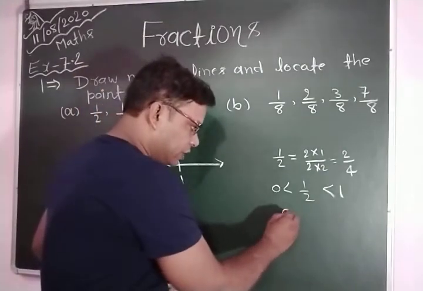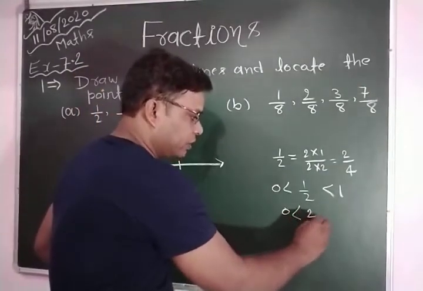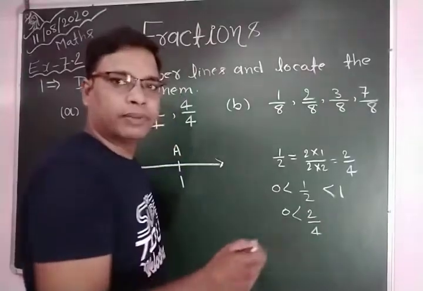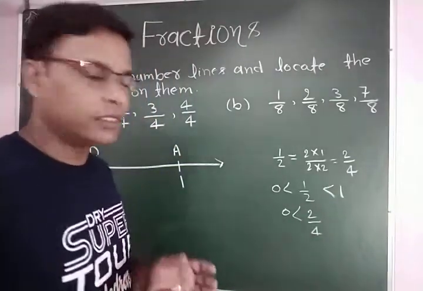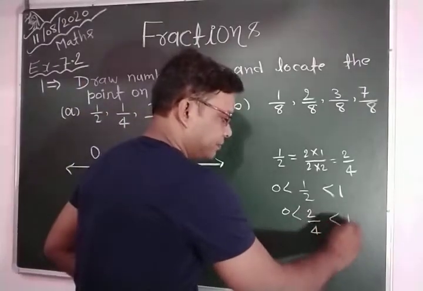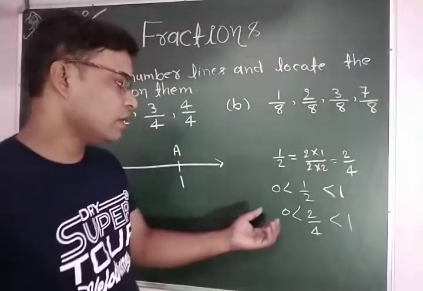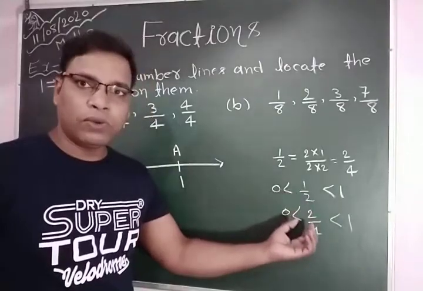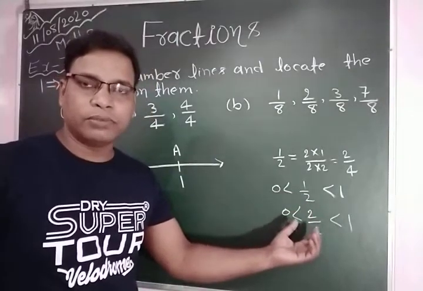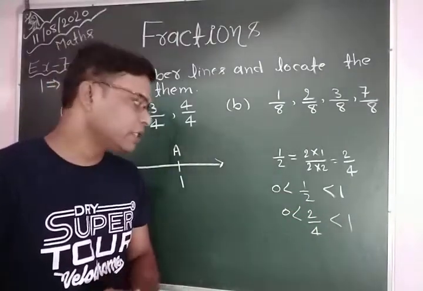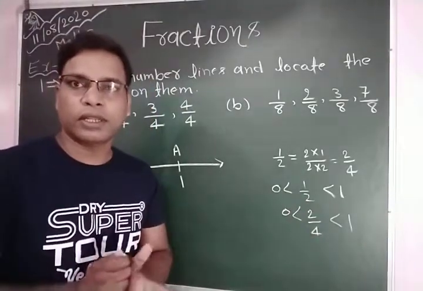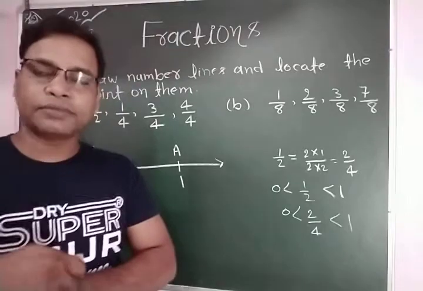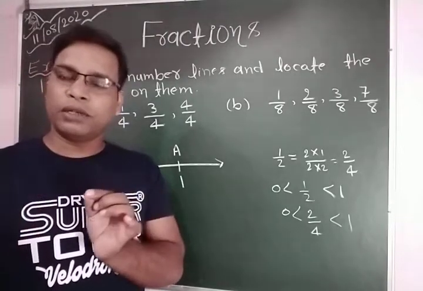So you can write 2 by 4, which is equal to 1 by 2, is greater than 0 and less than 1. You can see this is a proper fraction. A proper fraction always lies between 0 and 1.